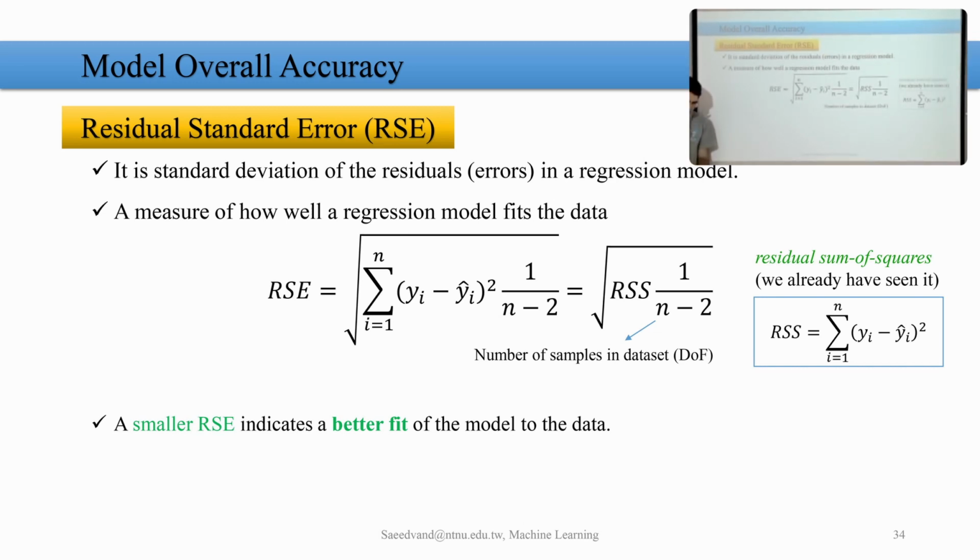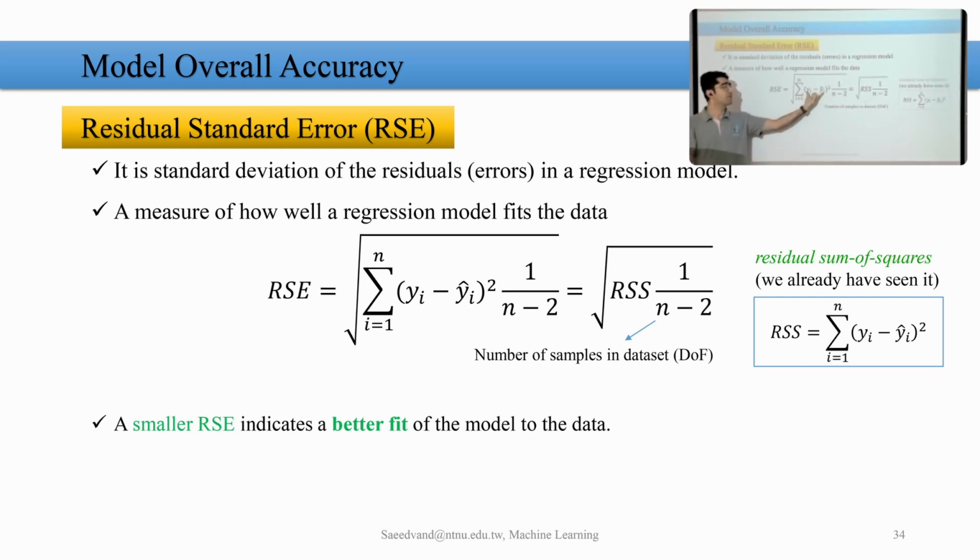So how does the equation look? We write the residual standard error as equal to the square root of the sum of the differences between the labeled data and the prediction, the predicted output of our model.